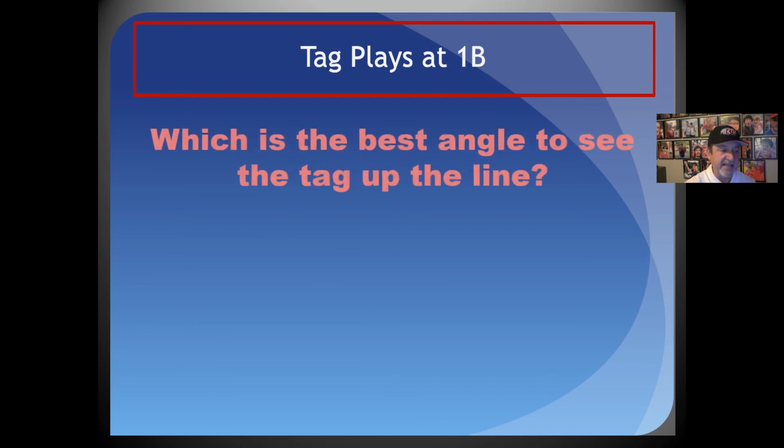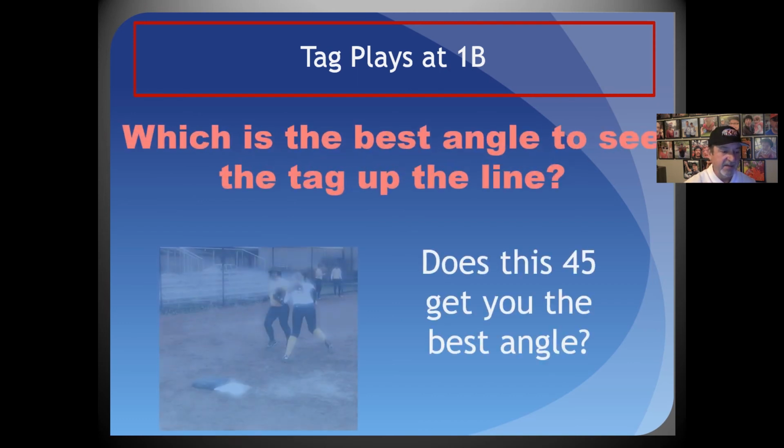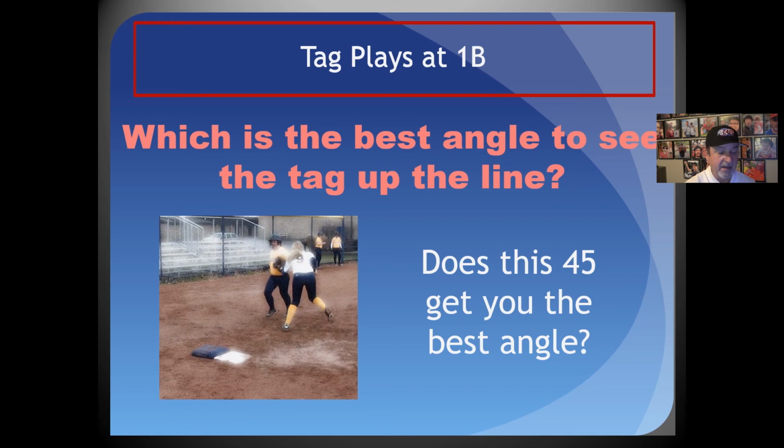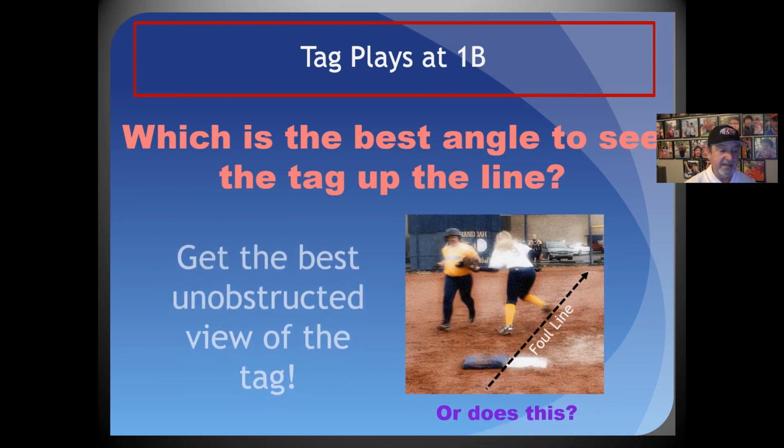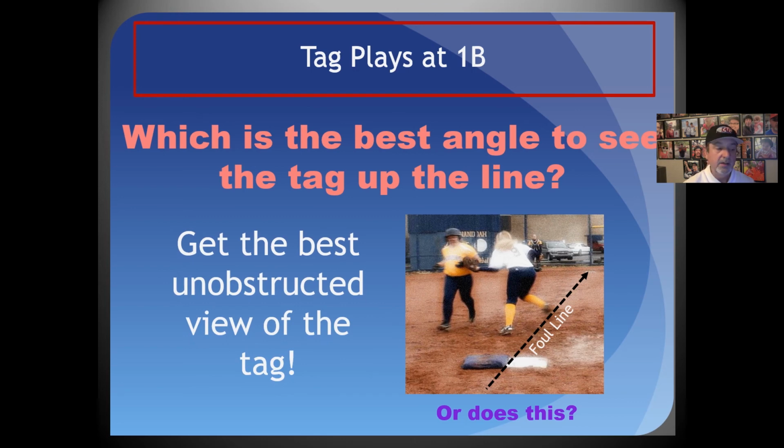And so what is the best angle to see a tag up the line? Does this 45 give you the best angle on a tag up? No, it doesn't. You can see you're actually a little bit beyond 45 here. And here, does this give you a nice angle? And in fact, it does. It gives you the best unobstructed view. You can see the tag. You're not past the foul line, and you've made an adjustment on that throw there. And again, you're 12 to 15 feet.